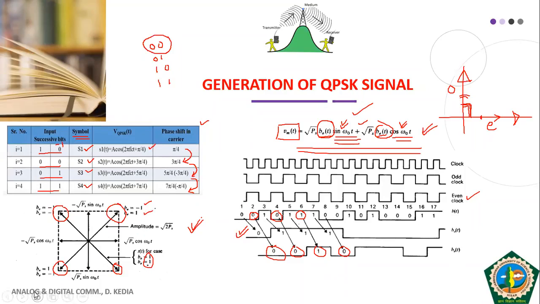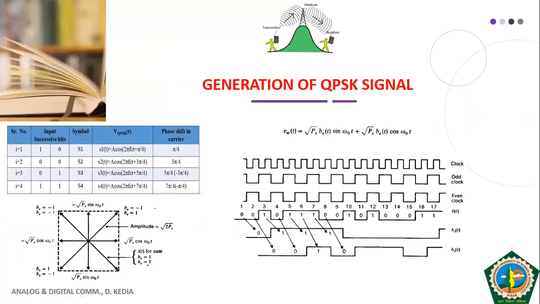the phasors. Let us see, if we have B naught as 1 and BE as 1, for that case we will have our resultant phasor represented like this, where we have plus sine omega naught t and plus cos omega naught t.